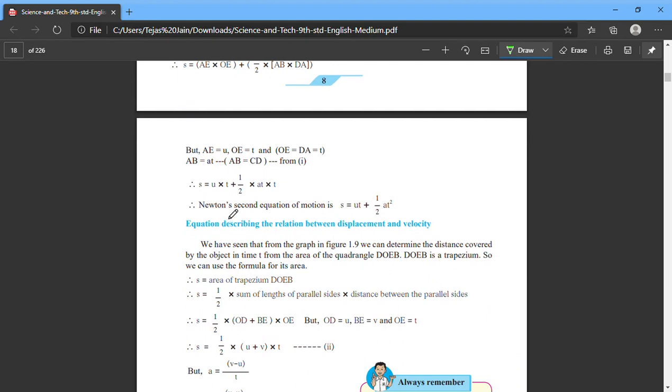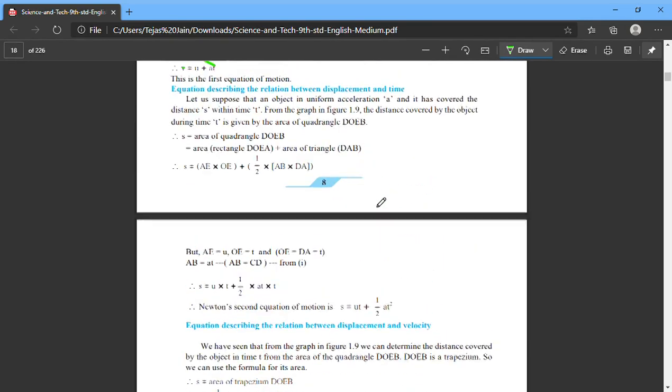But AE is equal to u, OE is equal to t, and DA is equal to OE, which is t, and AB is equal to at. From equation number 1, we get s is equal to ut plus 1/2 at square. This is Newton's second equation of motion: s is equal to ut plus 1/2 at square.